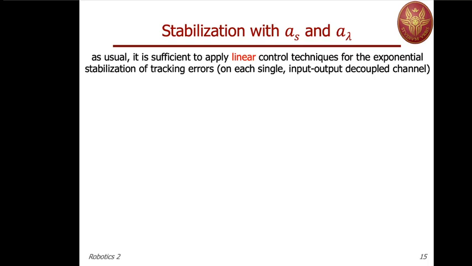I'm talking about tracking error, but of course you could have a regulation task where S desired and lambda desired remain constant. But you will do this on each decoupled input-output channel.